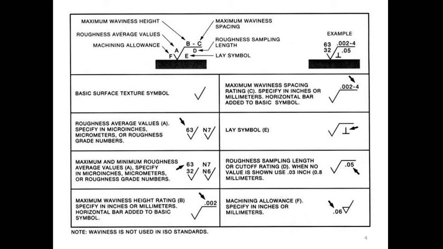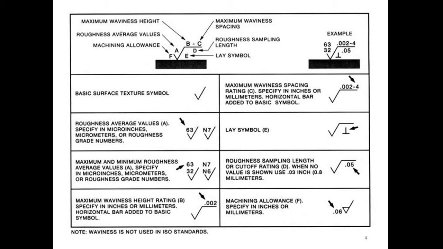Normally in Indian industry this is used in microns, that is micrometers. Maximum and minimum roughness average values are specified in micro inches, micrometers or roughness grade numbers, that is 32 to 63, with grade symbols N6, N7.